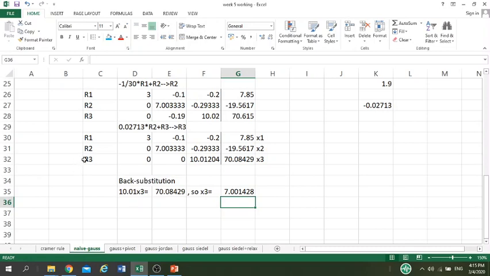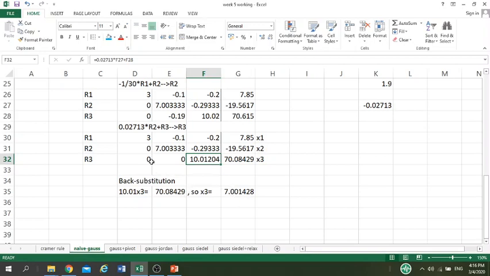Once we have this 0 value in our first and second column, this is actually 10x3 equals 70.08. Then we make the division, so we get x3 equals more or less 7.